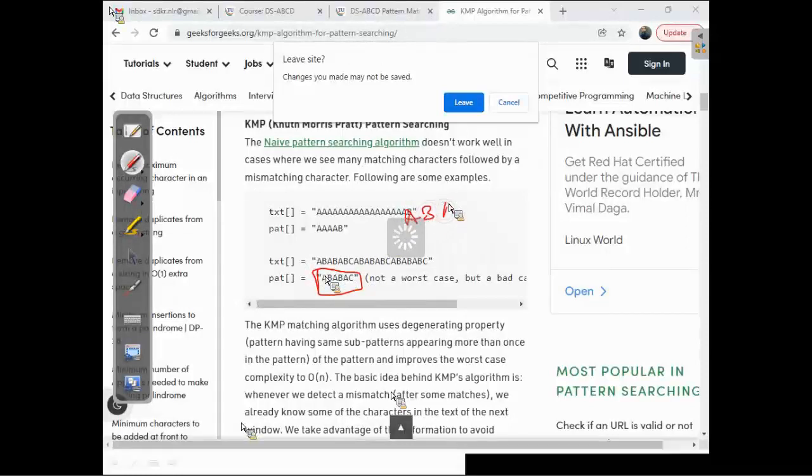So the pattern is AB, AB, AC. That is the pattern. So for this pattern, can you compute the failure matrix? So this is 6. So the failure matrix will have only 5 values.